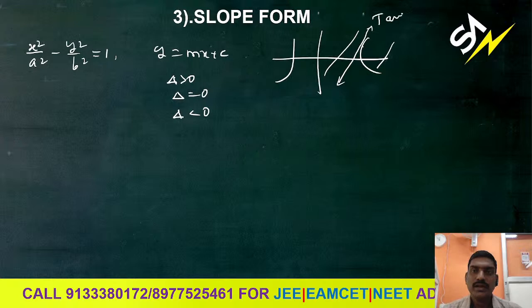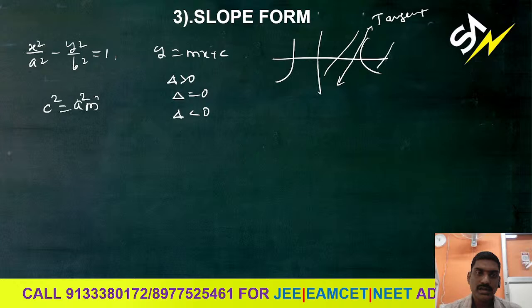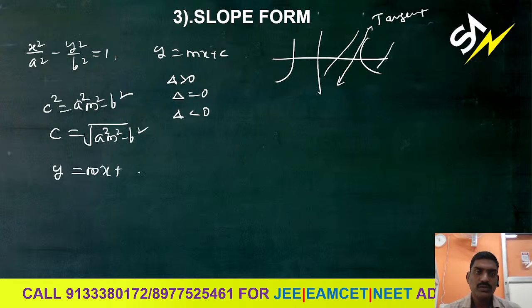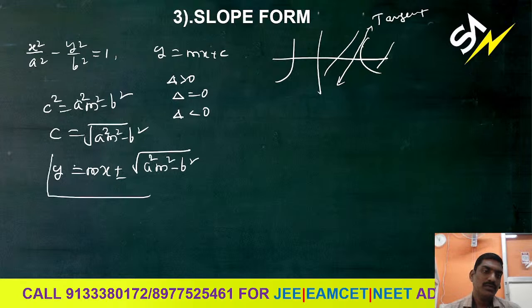In this case, we can call it a tangent. And already we have calculated c square is equal to a square m square minus b square, and c is equal to under root of a square m square minus b square as a condition of tangency. So with the help of this, if we write the equation of tangent in slope form, we get y is equal to mx plus or minus under root of a square m square minus b square. This is the equation of a tangent in slope form.